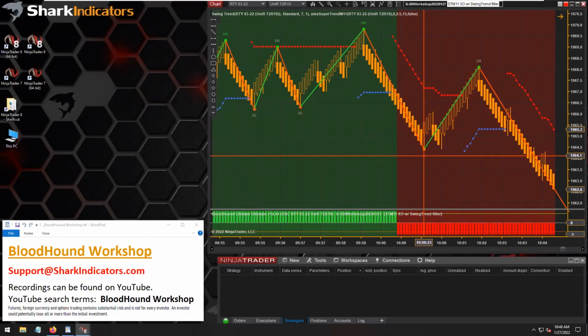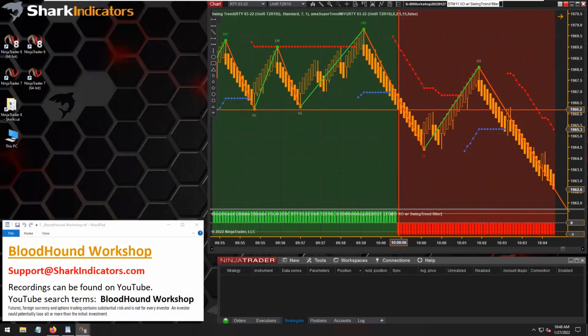Once again, this lower low starts as soon as this previous low point is broken. And then we go lower, so we're in a developing lower low.